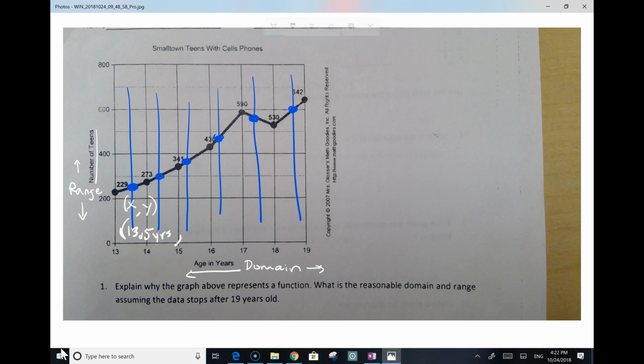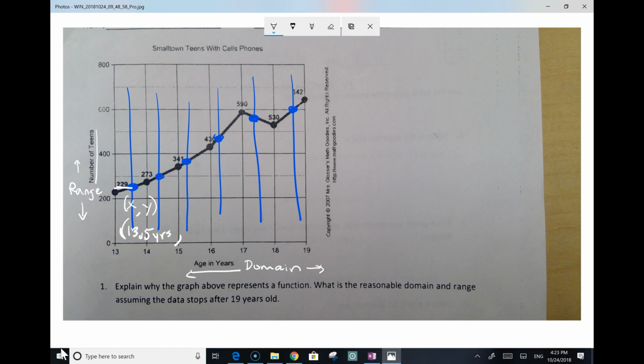So what this means is that for someone who is 13 and a half years old, for this age group, there is only one output that corresponds with 13 and a half years, which is the number of teens who have a cell phone. So this would be a little over 229 teenagers who are 13 and a half years old who own a cell phone.